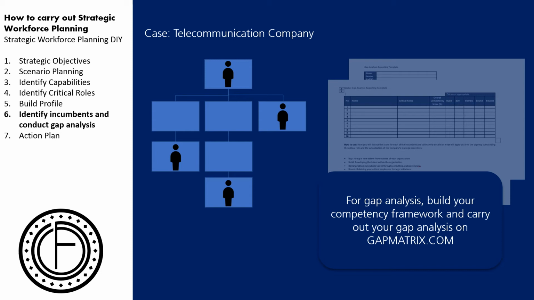You can also carry out some level of observation and even interviewing of people who work closely with those portfolio owners. So if you get this right, then you will be done with the skills or the competency gaps within your organization. The next thing you want to do is to come up with your action plan.